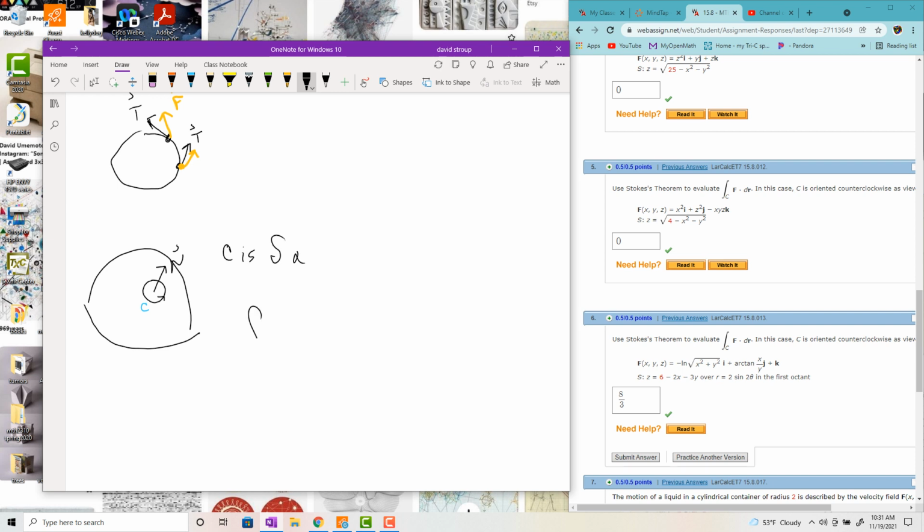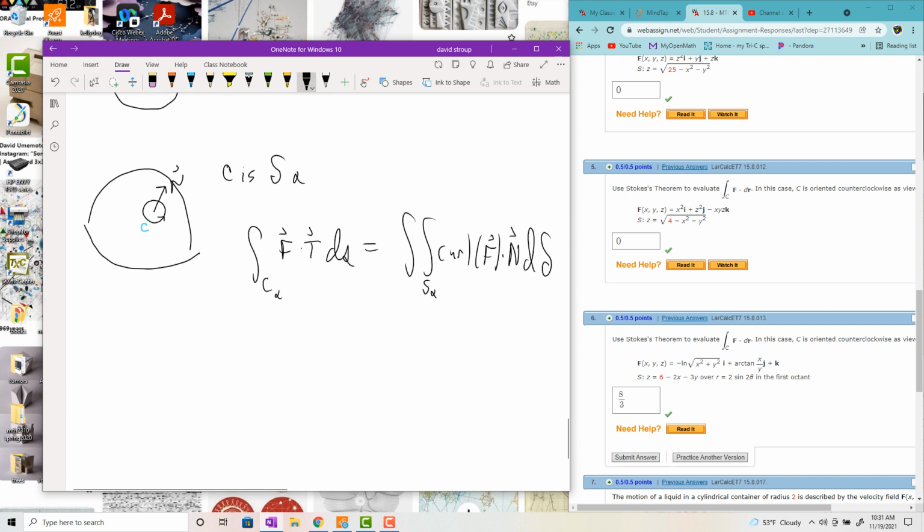And then the circulation around this curve, because of Stokes' theorem, we can now rewrite as the double integral over that circle of the curl of f dotted with the normal vector, dS. Supposing that the force field is continuous, if this S sub alpha is small enough, we could factor this part out as a constant.